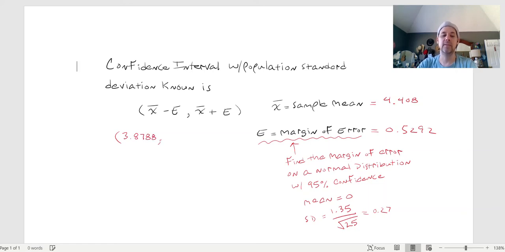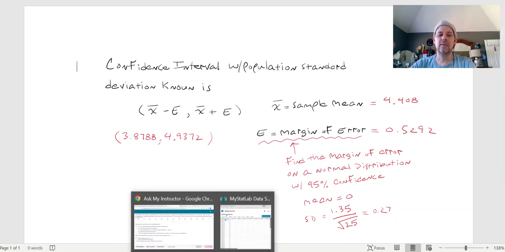Okay, so that's on the low end. And then 4.408 plus, this time, the margin of error, 0.5292. And that's 4.9372. Okay, so that's my 95% confidence interval.